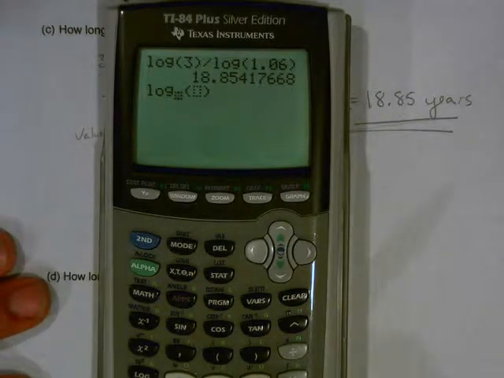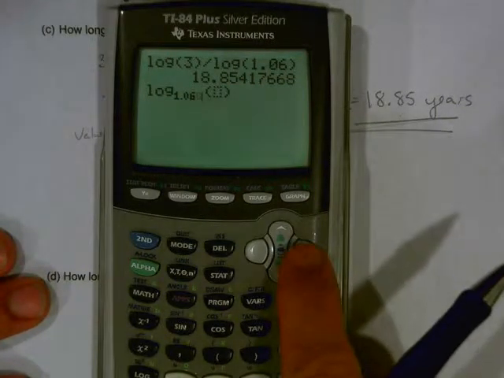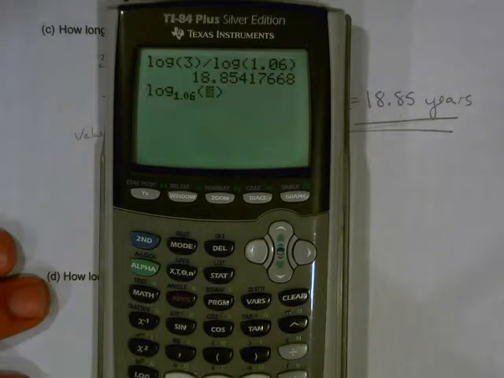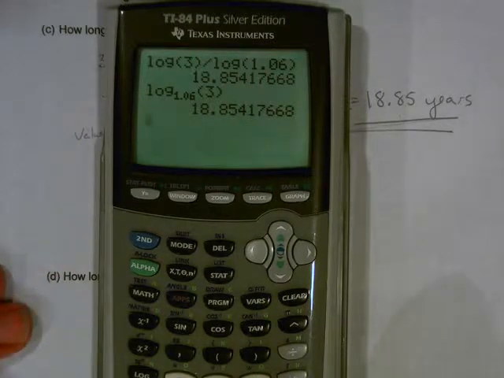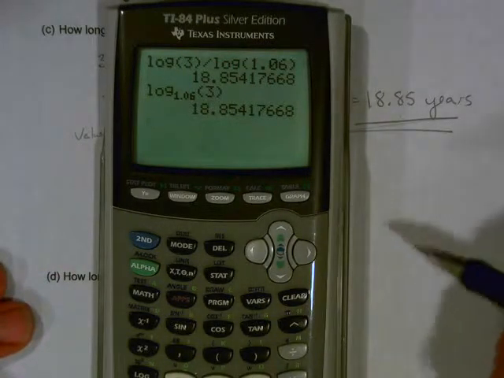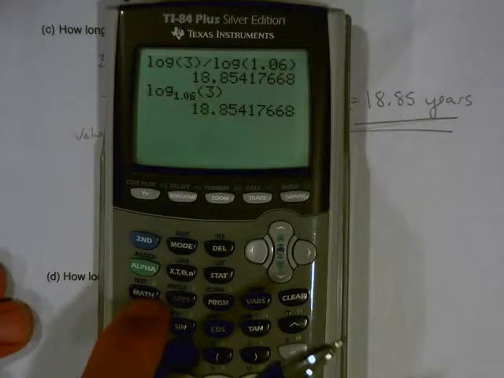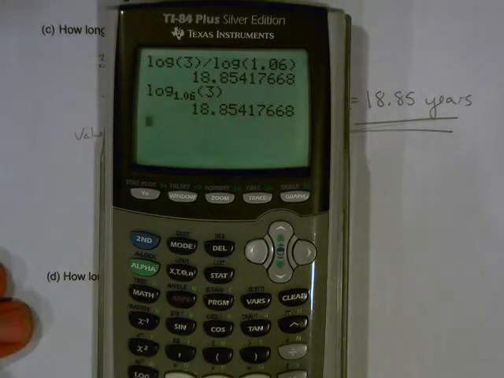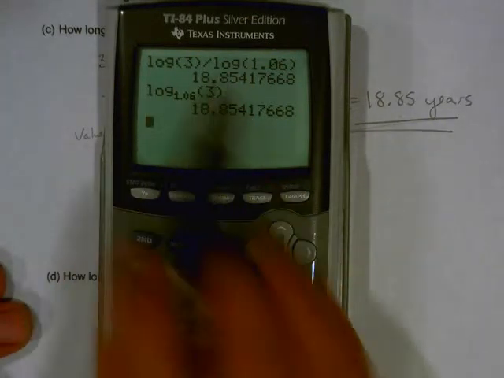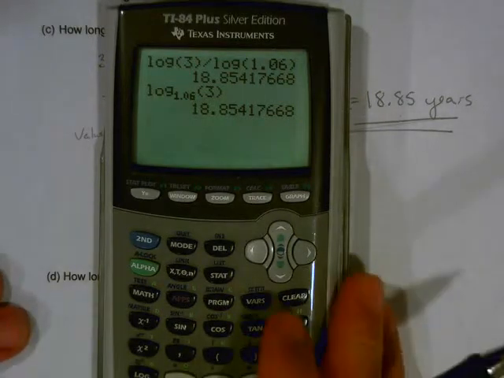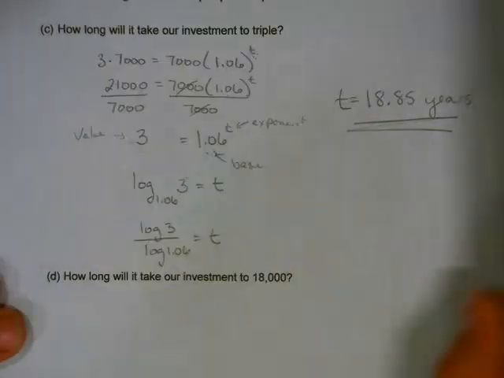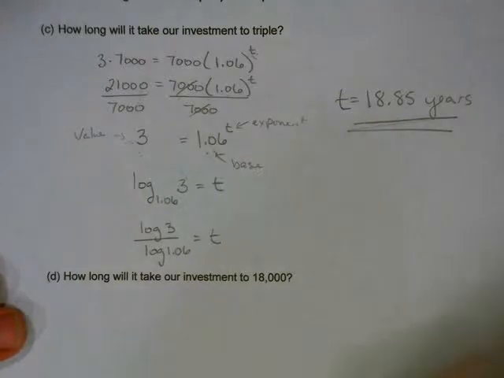If you can rewrite it, our base was 1.06, arrow over 3. So now we can evaluate this without our change in base, and again, we're going to get the same answer. Some of you have that in your Math menu, some of you don't, so you have to do the change in base. Or you could do the log of both sides, bring your power down, and solve it that way.